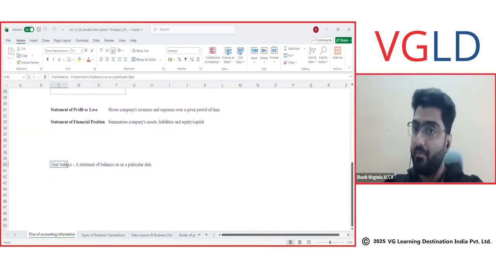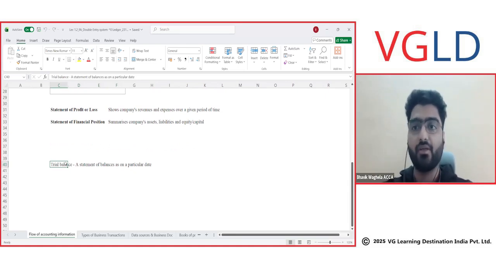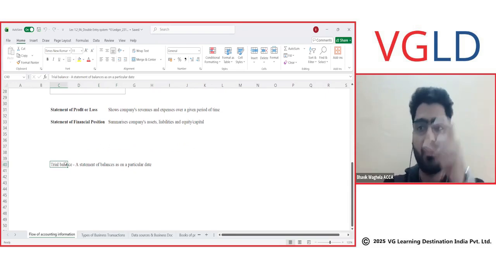So guys, what is a trial balance? It is a statement of balances as on a particular date. Which ledger account has what balance as on a particular date is something that the trial balance tells me. It gives me summary information, for example that the total amount receivable from the customers is 1,50,000 as on today.